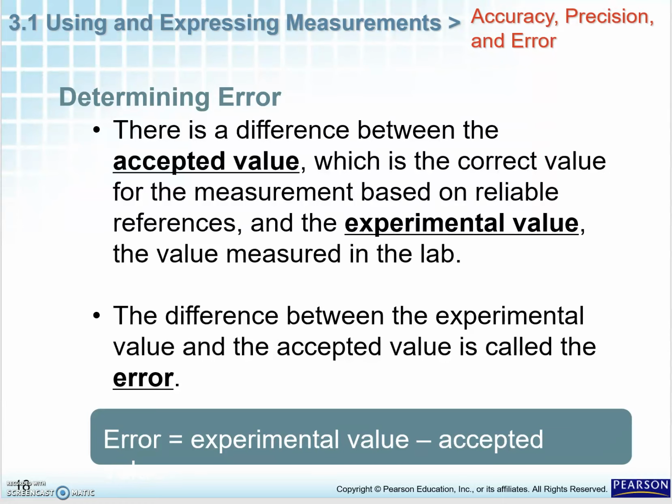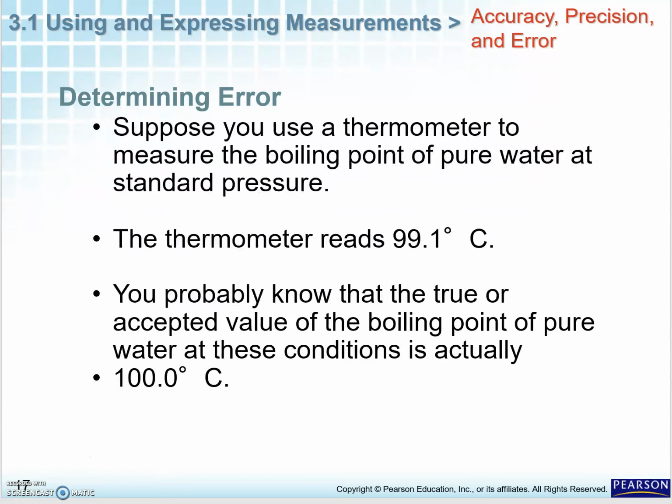Often it will be in the number in your book, whereas the experimental value is the one that you measure in lab. So if you think back to this question here, you have a thermometer reading 99.1, and you know that the real value is 100.